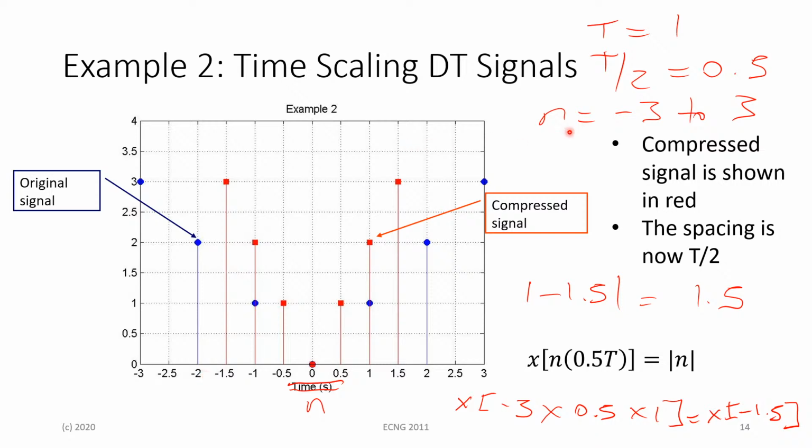Even though our original n here was -3. So recapping, even though we put n here equal to -3, because this is a function of x, and we have 0.5 here and t accordingly, when we do out the multiplication in the brackets, our end result inside the brackets is going to be -1.5.